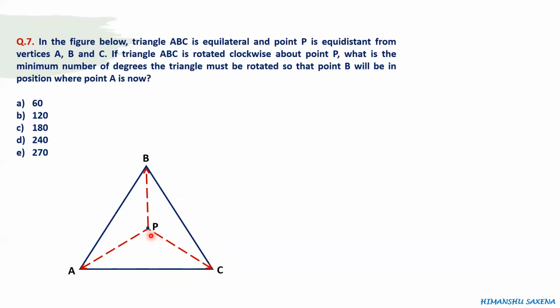Why? Because their corresponding sides are equal. So if you compare these two triangles, so here this side is equal to this side. Why? Because this is an equilateral triangle. This is a common side, and this side is also equal to this side, because P is equidistant from A and C. So these two are congruent triangles. Similarly, these two are also congruent, these two are also congruent. So all three are congruent to each other.